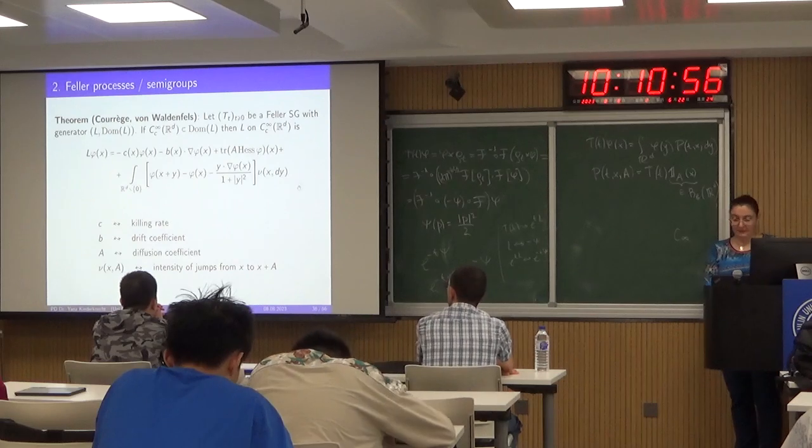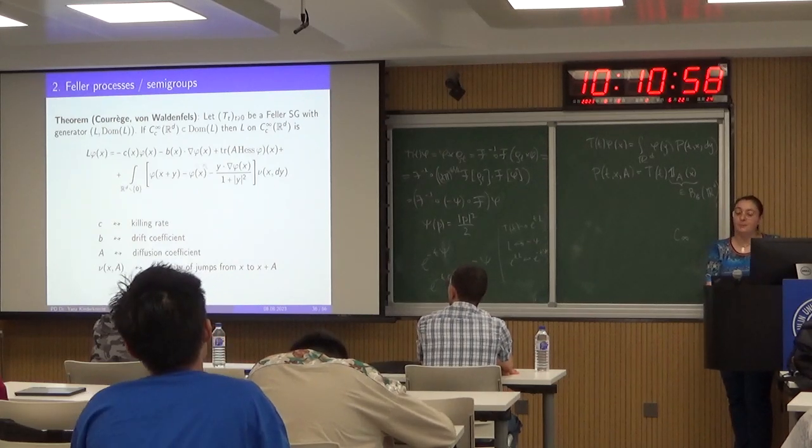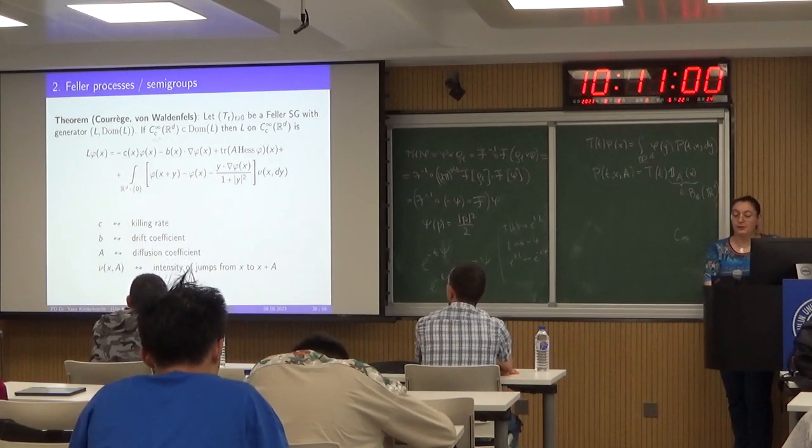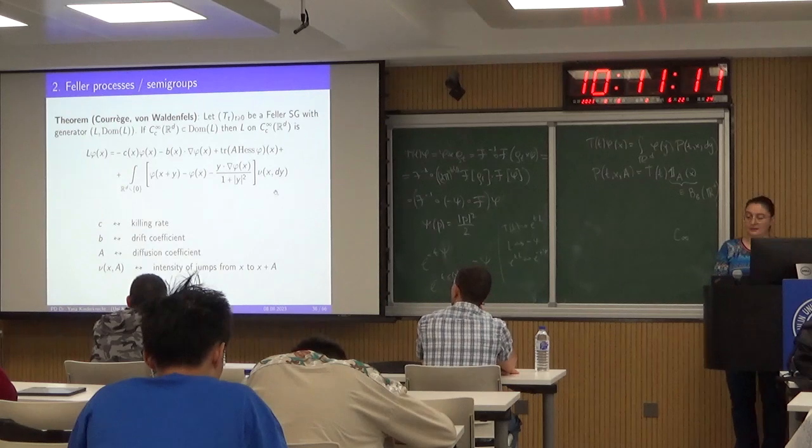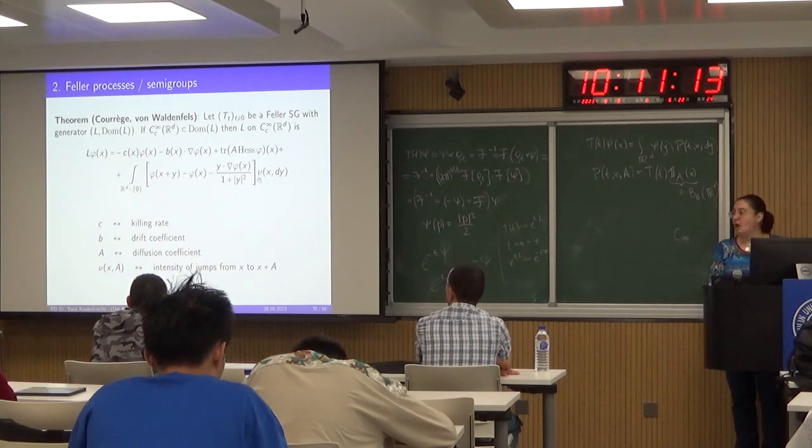Okay. So this part is the pure jump part of the process. The first part corresponds to a diffusion process with continuous paths, and the second part corresponds to a pure jump process which makes only jumps, and which jumps it makes and how often depends on this measure, the intensity measure.